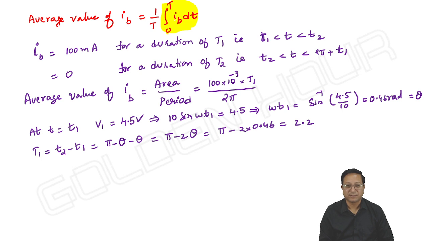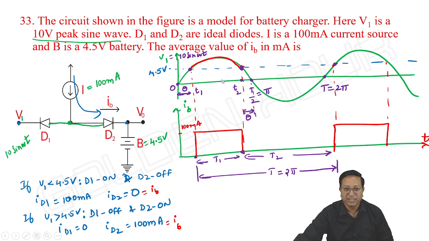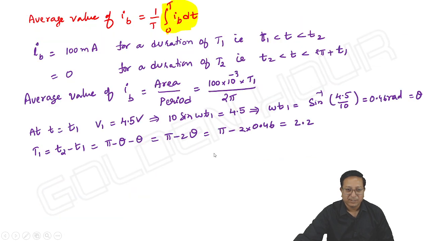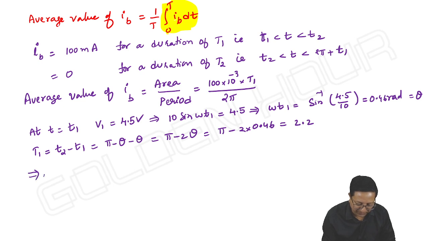Okay, we can write it this way. T1. Of course it is taken in terms of the angles. Then T1 we have got. Then what about the average value of ID2?